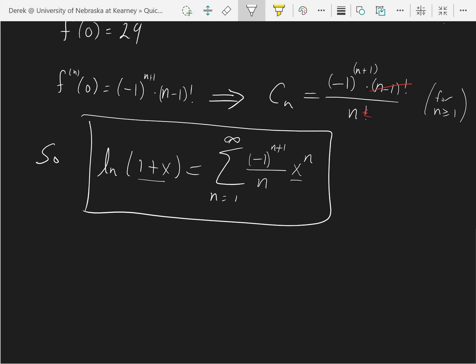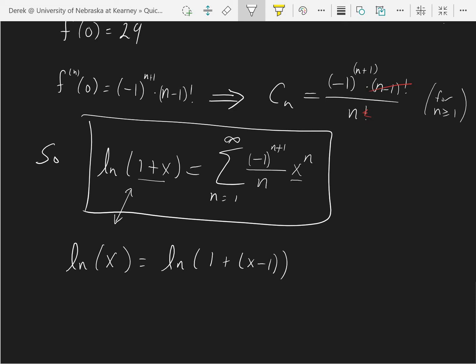So I could center the natural log of x at 1, and how do I go from here to here? Well, the natural log of x is equal to the natural log of 1 plus x minus 1, right?